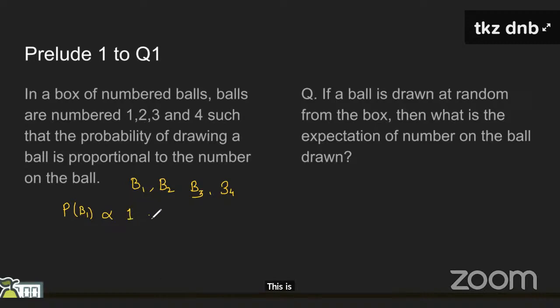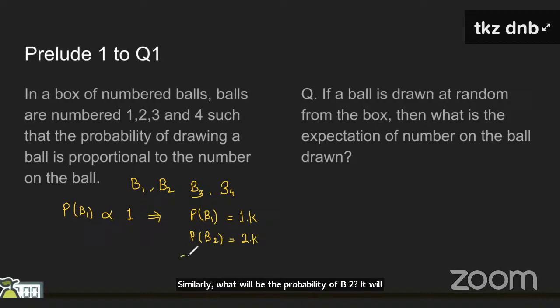What does it mean? It means probability of B1 is 1 into some proportionality constant. Whenever something is proportional to some number, we need to multiply it by the proportionality constant. Similarly, the probability of B2 is 2 into K, and similarly for B3 and B4.